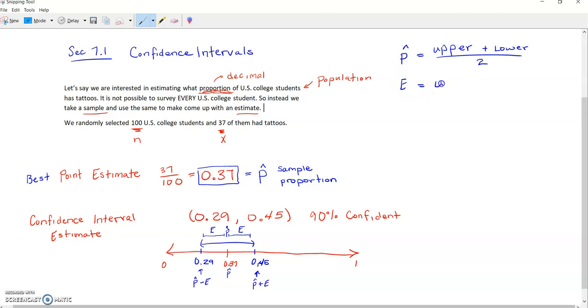E is subtracting. My bad. Okay, upper minus lower, divided by 2. So in this case, for E, I do 0.45 minus 0.29 and divide by 2.